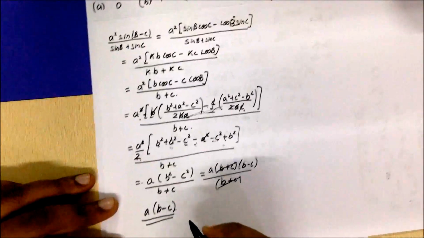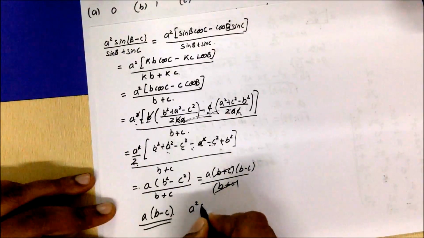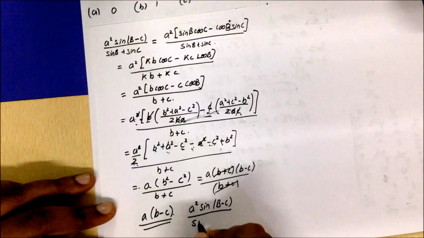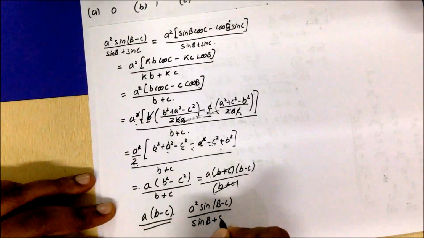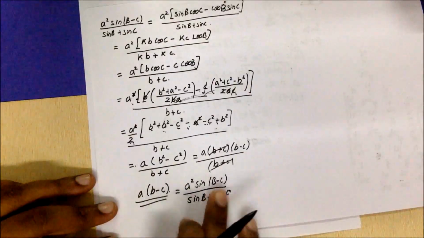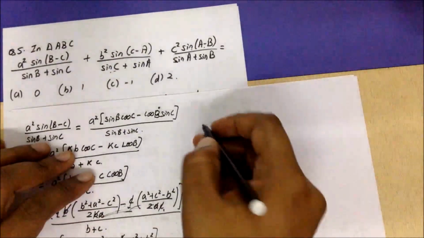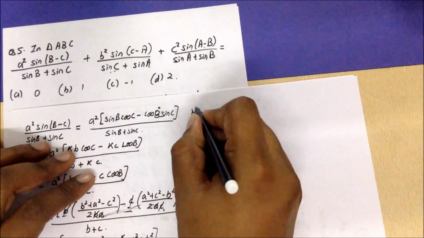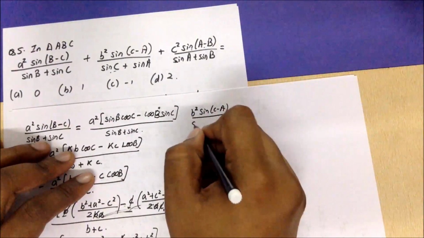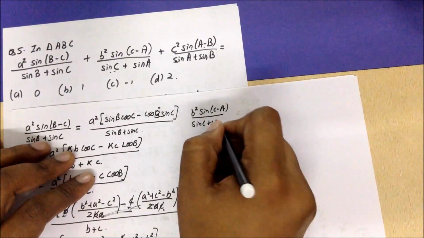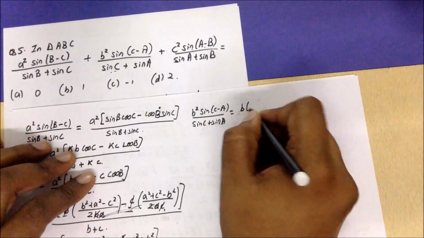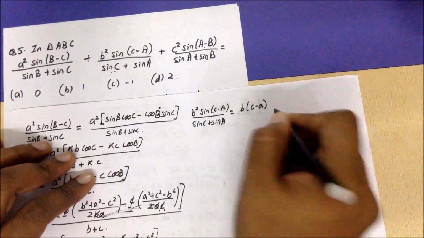So what you can relate is, for the term a square sine of b minus c divided by sine b plus sine c, you are getting this particular term. Similarly, for the second term, that is b square into sine of c minus a divided by sine of c plus sine a, the term which you will be getting is b into c minus a.